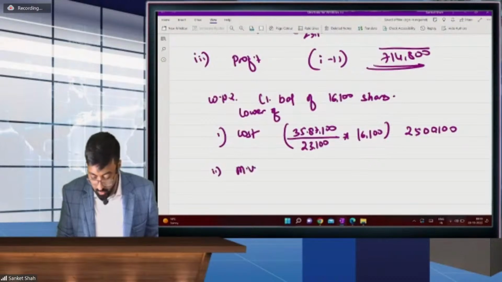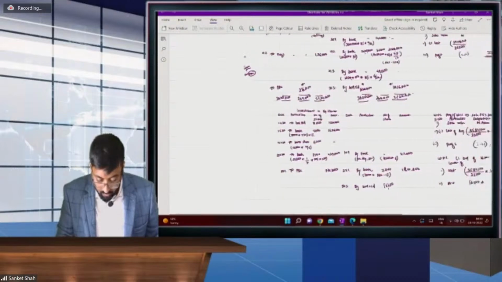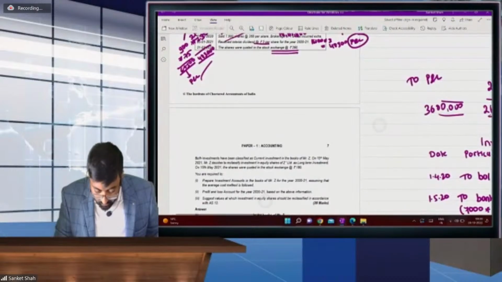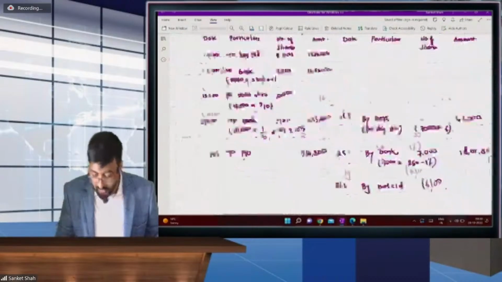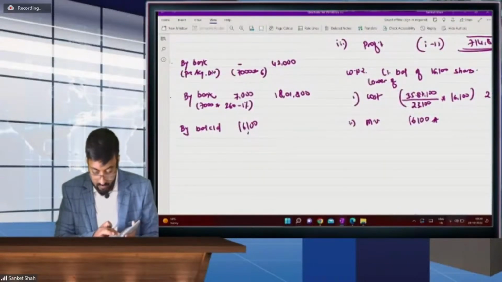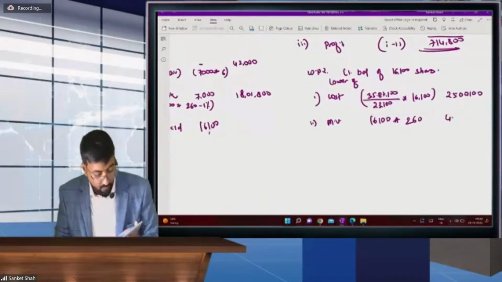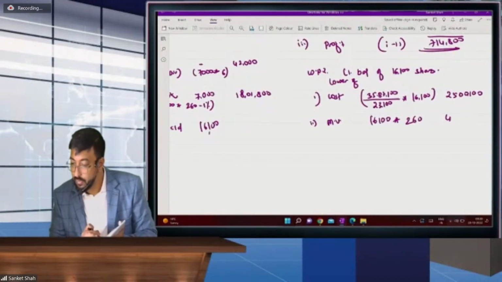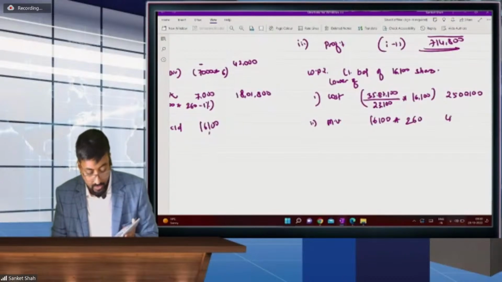And market value, 16,100 into, what is the market value? $260. 260. $41,86,000.